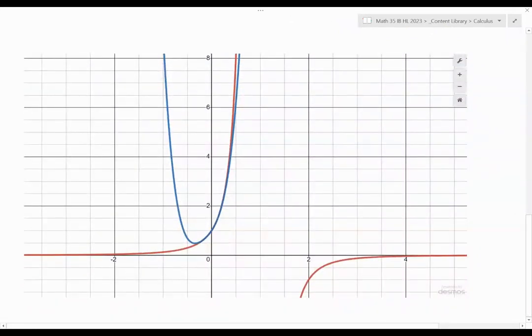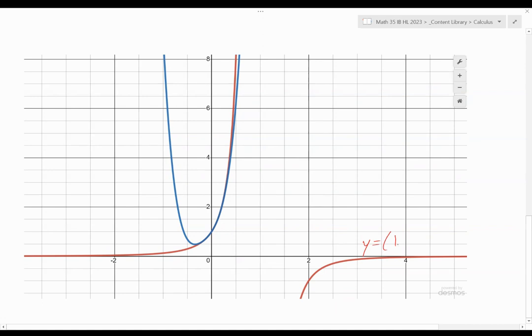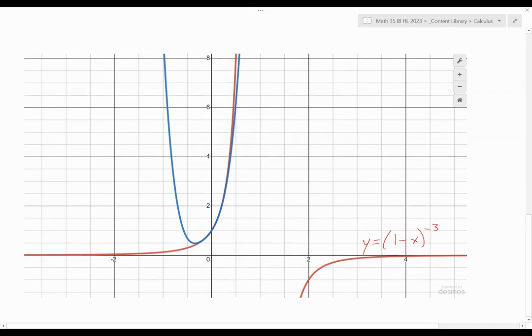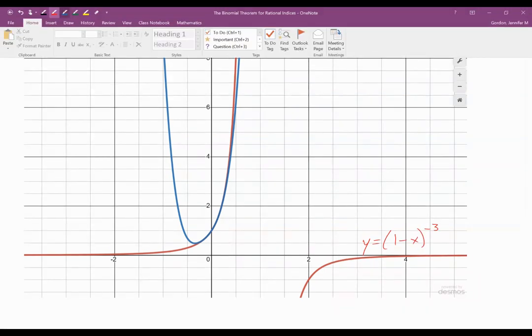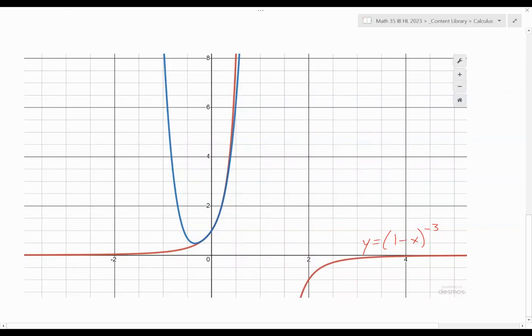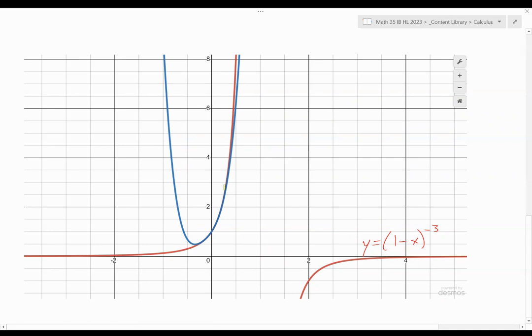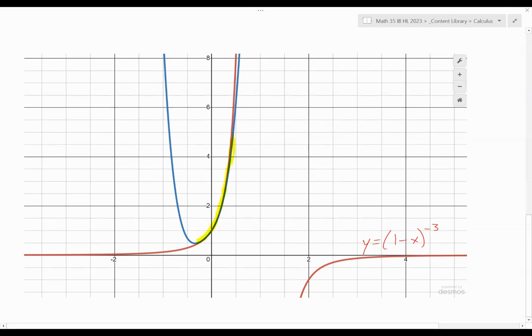What I have in red here, the function graphed in red is y equals (1 - x) to the power of negative 3. And the function graphed in blue is that polynomial expansion. So I note that that polynomial expansion actually does a pretty good job of approximating in this particular region. And not much beyond it.